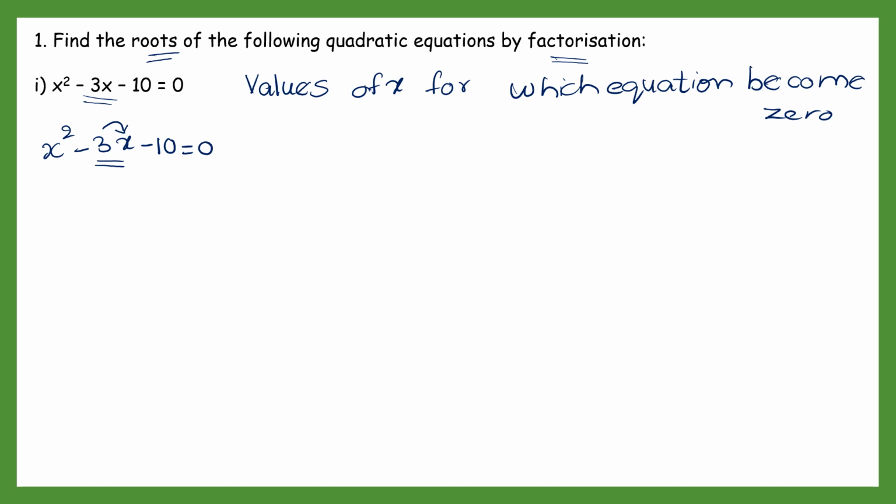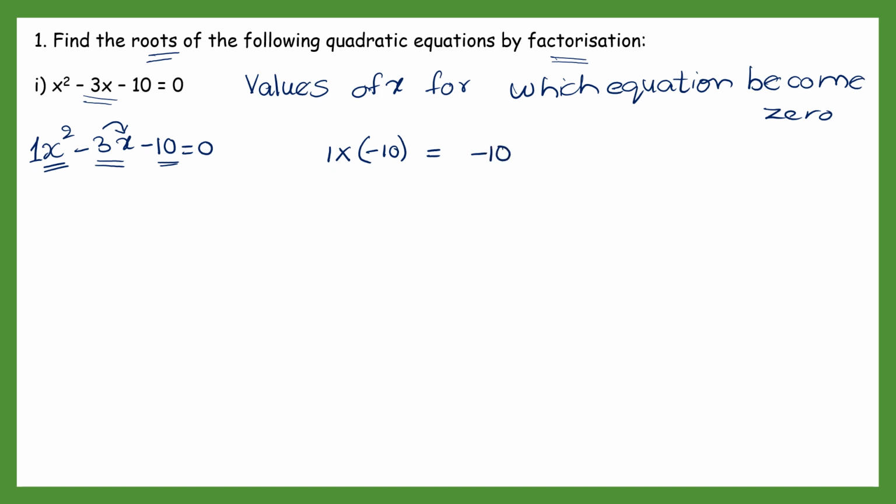How do you split? Splitting is based on the first term and the last term. See, the first term is what? x square. Its coefficient here is 1. Write the coefficient of x square, 1, into the constant. The constant is minus 10. 1 into minus 10 is minus 10.